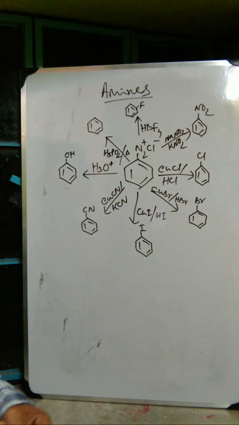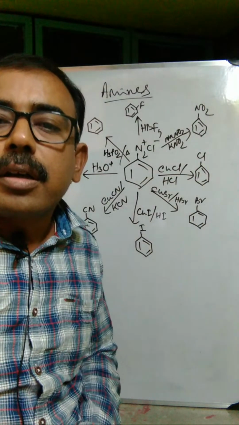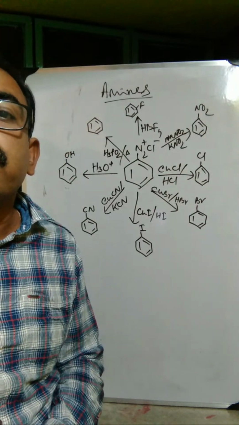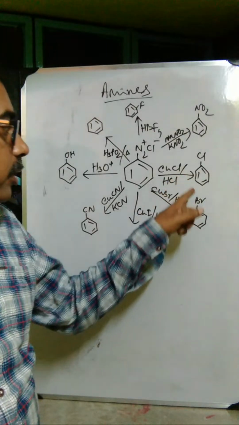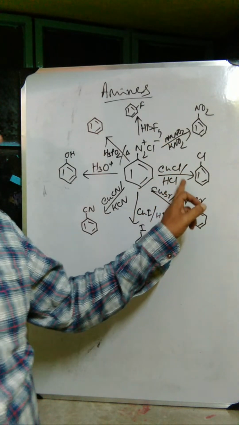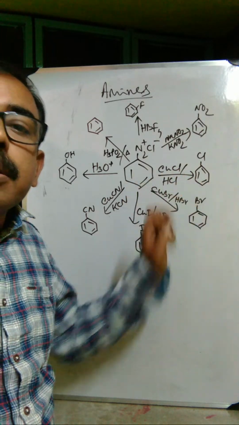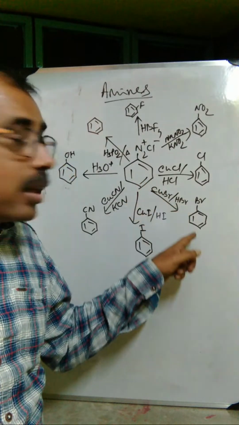So here is the chart, and if you follow this, you can solve all the conversion problems. You just need to write down this chart. First, these four reactions: CuCl, HCl with diazonium chloride gives chlorobenzene. CuBr, HBr gives bromobenzene.